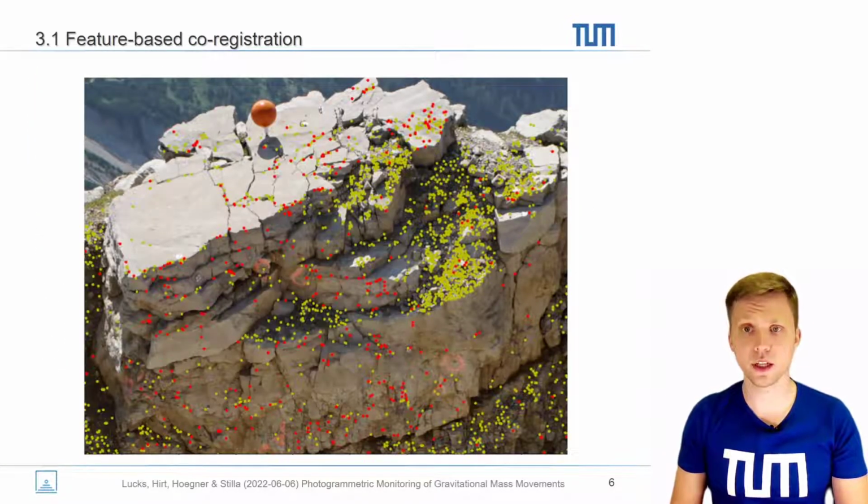Here, we see an example of all key points from an image from 2021. The potential key points are displayed in yellow. The points that are also found in the past epoch are shown in red. We can see that the key points were found along edges and cracks. In contrast, and as expected, homogeneous surfaces do not show any key points.